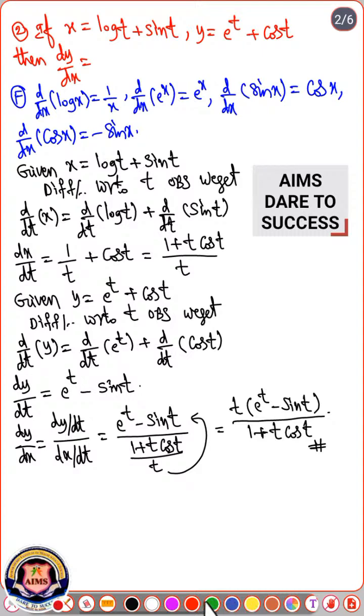Now our target is, try it yourself. Okay, try it yourself.